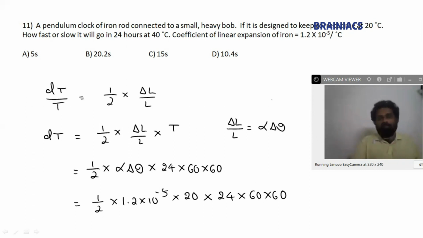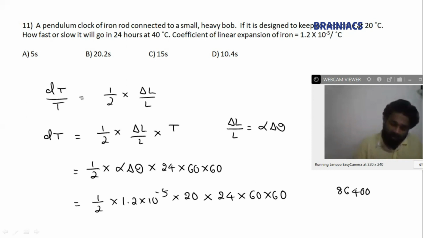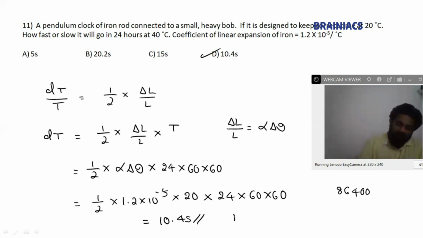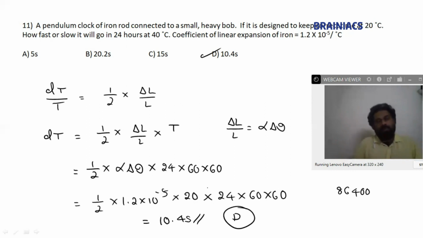For a day, 24 into 60 into 60, it is always better to remember this value, 86400. Then substitute that and simplify, and we will get the answer as 10.4 seconds. Option D is the correct answer for this question.